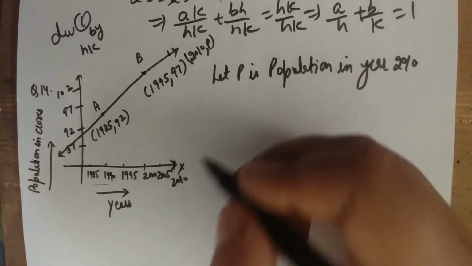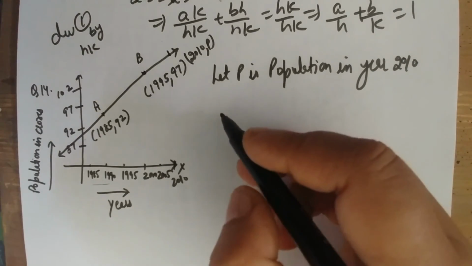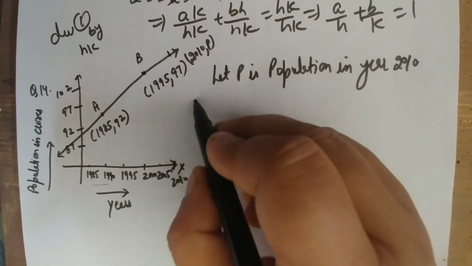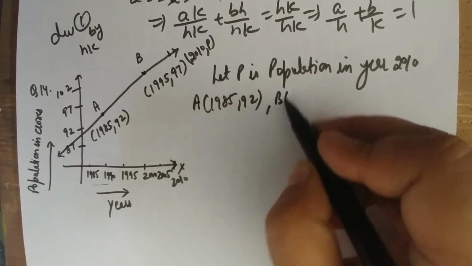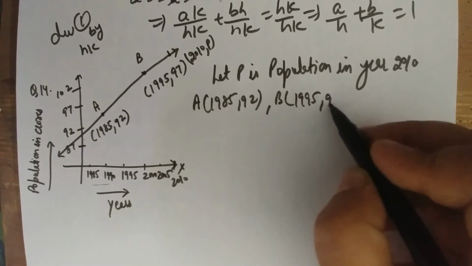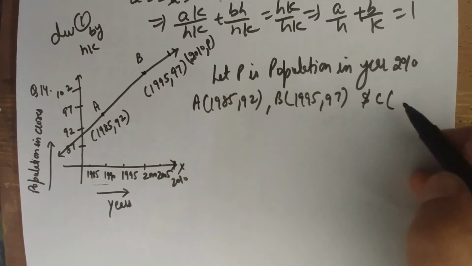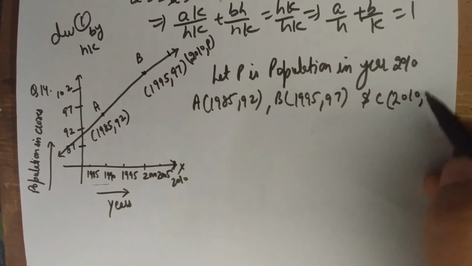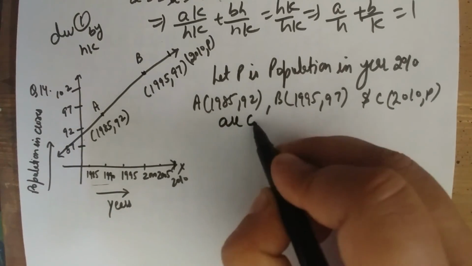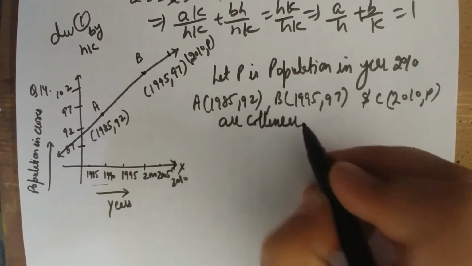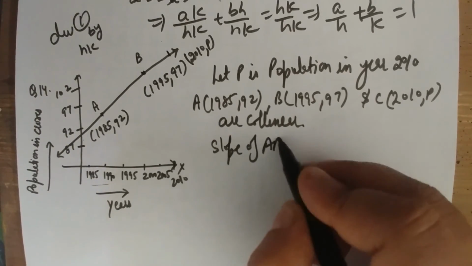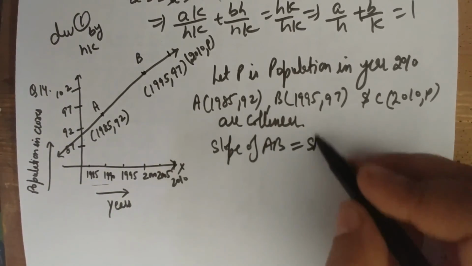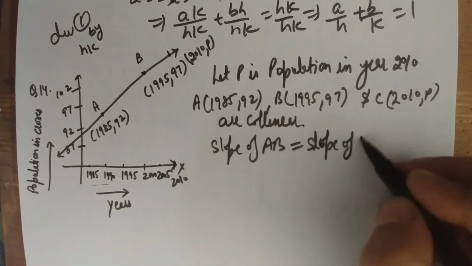That means point A has coordinates 1985, 92, point B is 1995, 97, and the point C, that is 2010 and P, are collinear. Why? Because they are lying on the same line. So again the same concept: slope of AB is equal to slope of BC.